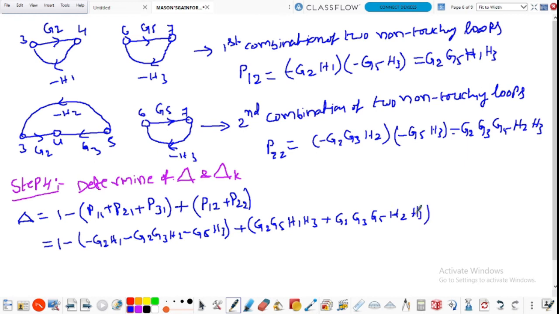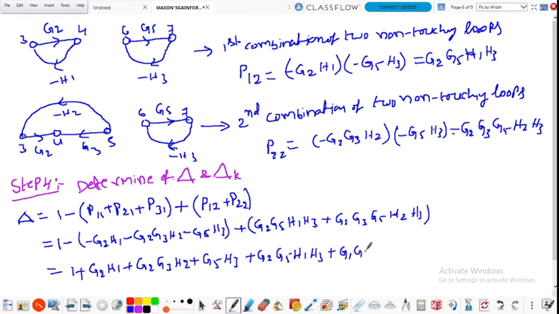So that is equal. Now here for all these terms the negative sign is common, and before it minus is there, so minus into minus plus, therefore 1 plus G2H1 plus G2G3H2 plus G5H3 plus G2G5H1H3 plus G2G3G5H2H3. So that is the delta value.